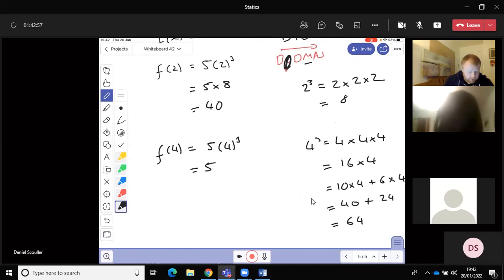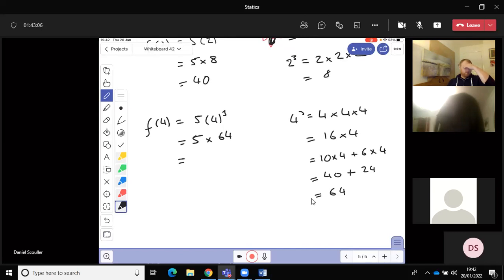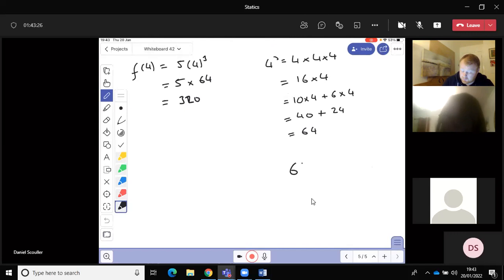So 5 times 64. Again, quite a tough multiplication. What's the easiest way to do this? I would multiply that by 10 and divide it by 2. That gives me 320. Or if I had to, I would just do 64 plus 64, the long way.